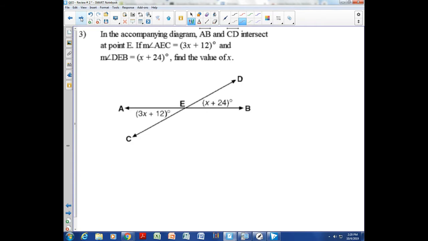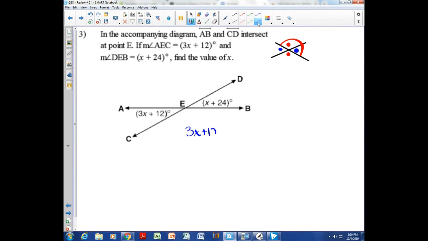Well, here we should never forget that when you have any two intersecting lines, you're going to have vertical angles, which are congruent, or you're going to have two linear pairs, which are supplementary. So you can have one of the two instances. Here clearly we have vertical angles, which are congruent. Therefore, we could just set them equal to each other.